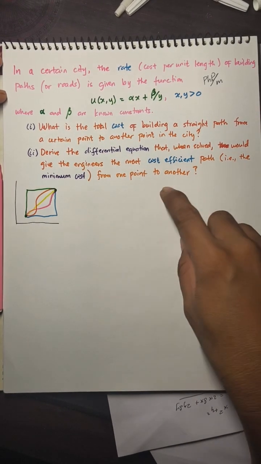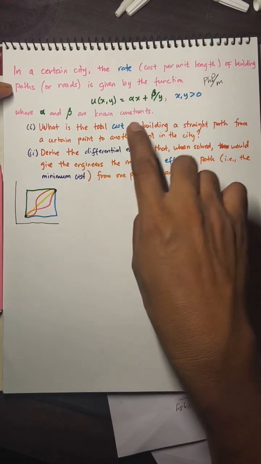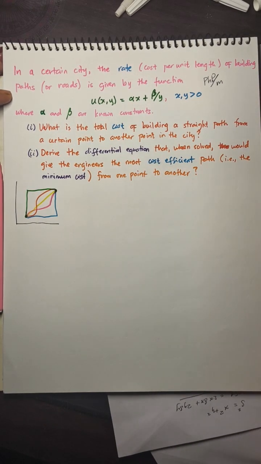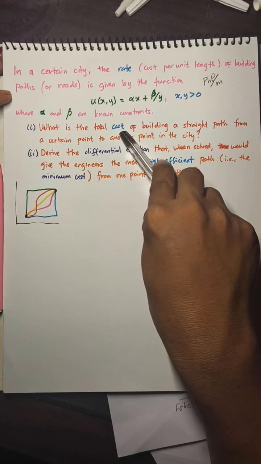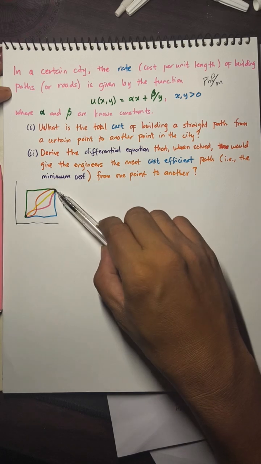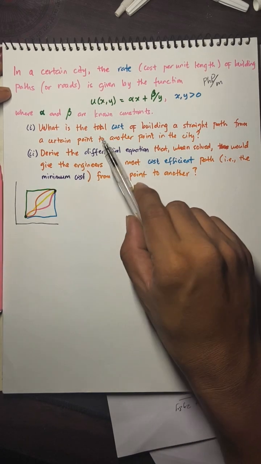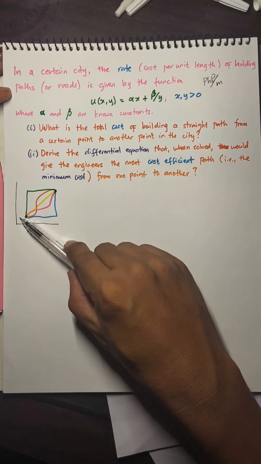Clearly, here we are asked to find the cost of a straight path, but before that, let's understand the cost function. It's not just an ordinary function, but actually a functional, which changes its value as the function changes.